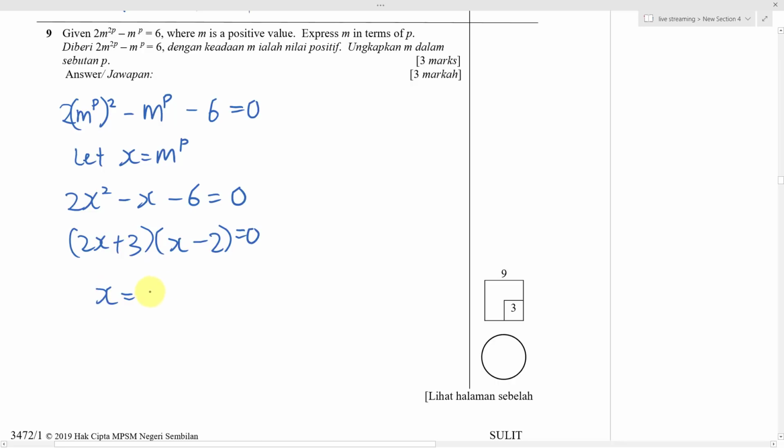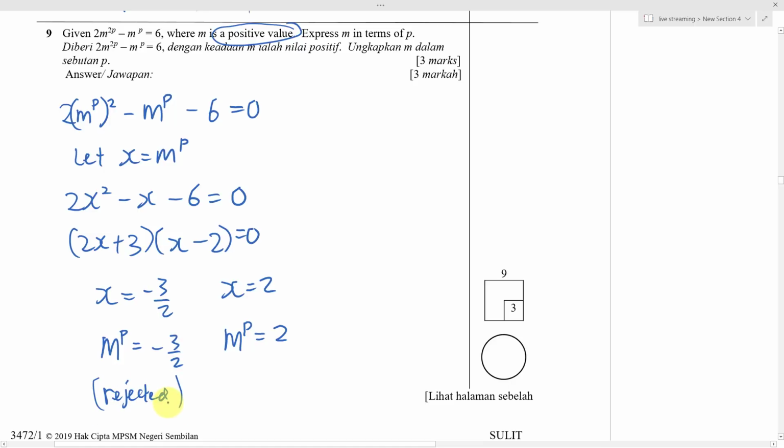Then my x is basically equals to negative 3 over 2. x equals to 2. And what is my x? My x is m power p equals to negative 3 over 2. And then this one, my m power p equals to 2. But because the question says m is basically a positive value, so I cannot have the negative here. So this one I will kind of reject it here.